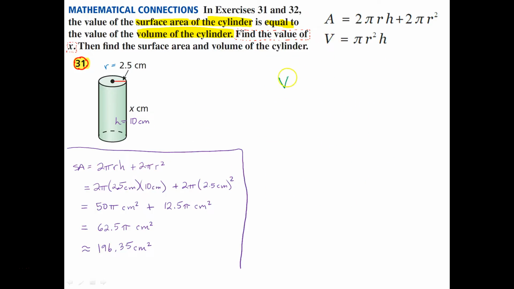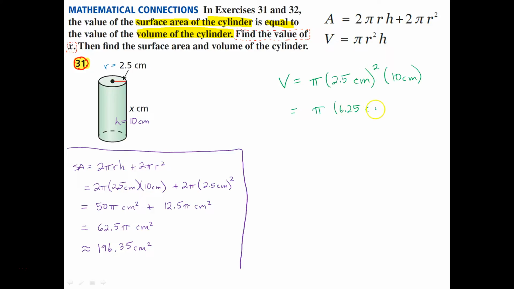And now for the volume, we're just going to substitute what we know as well. So pi r squared, so 2.5 centimeters squared, times the height, which is 10 centimeters. 2.5 squared was 6.25.